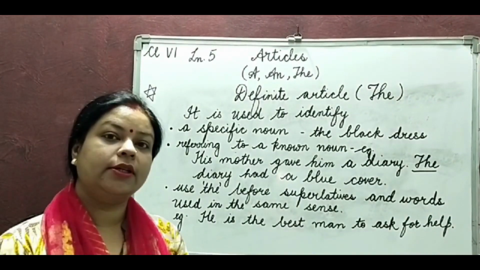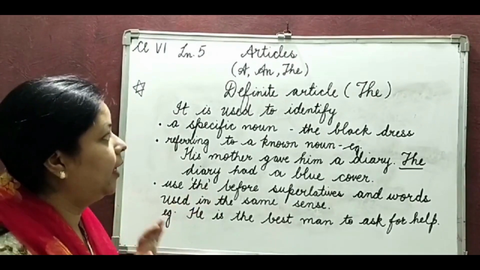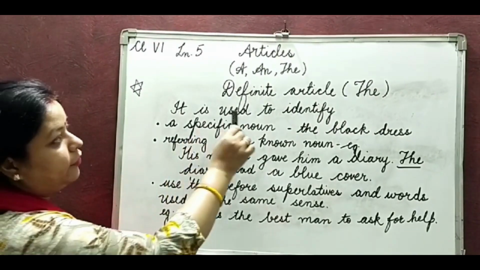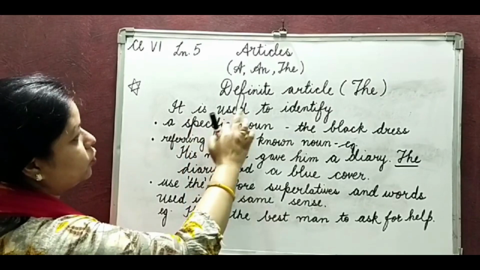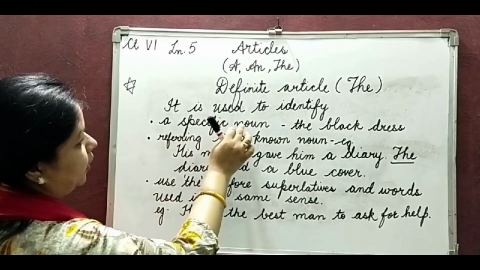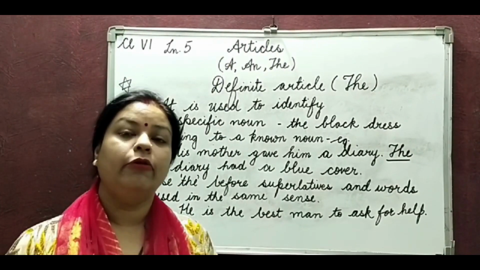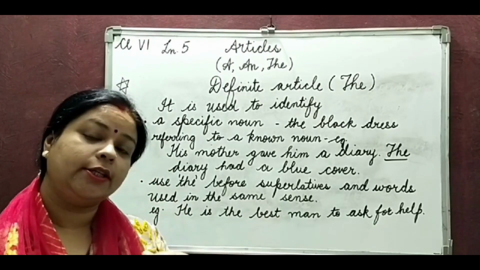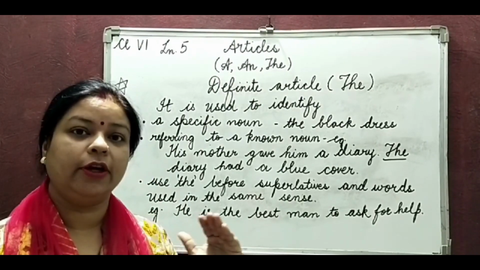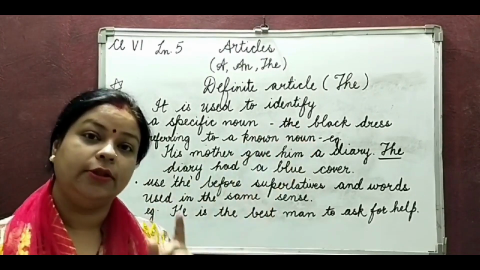Now, we will discuss the definite article the. As mentioned here, the definite article the is used to identify a specific noun. We use the article the when we want to talk about any specific person or thing, such as: Shruti wants the black dress.